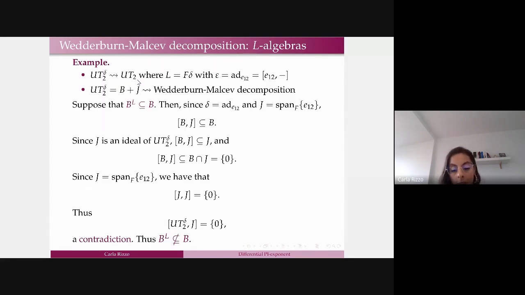As we know, in the theorem of Giambruno and Zaicev, when they proved the existence of the exponent, we need a Wedderburn-Malcev decomposition, and in our case we need a Wedderburn-Malcev decomposition that is L-invariant, but we don't have this.